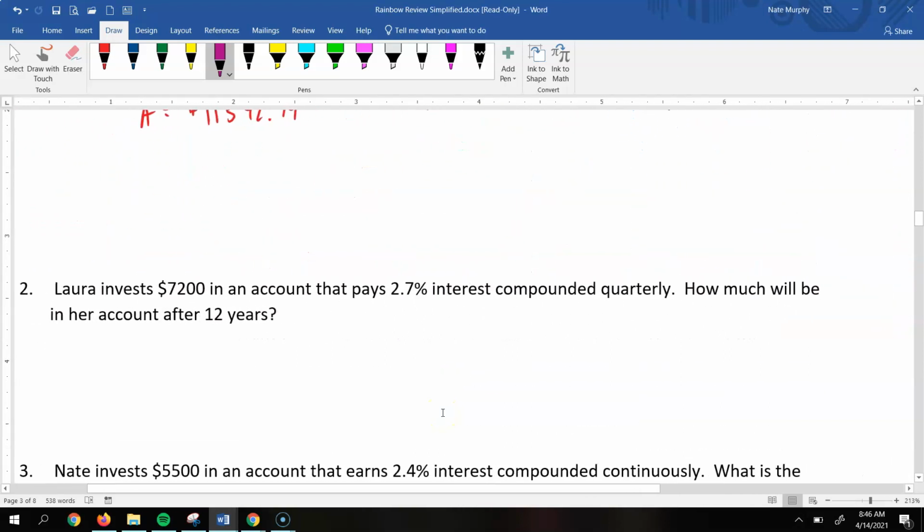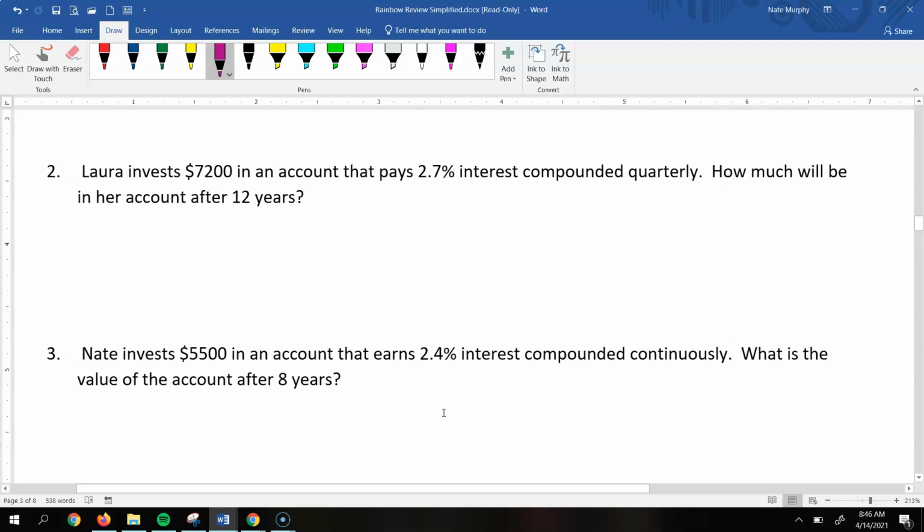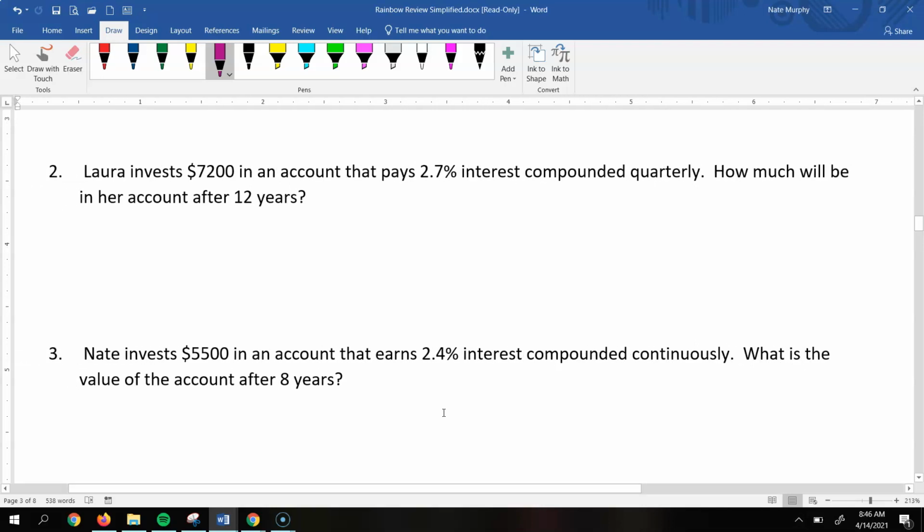All right, let's look at number 2. It says Laura invests $7,200 in an account that pays 2.7% interest compounded quarterly. How much will be in her account after 12 years? So this time we're just doing this one time. Remember that the rate would be 0.027, and it's compounded quarterly, so n would equal 4.